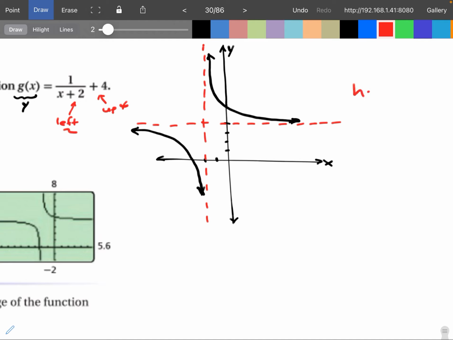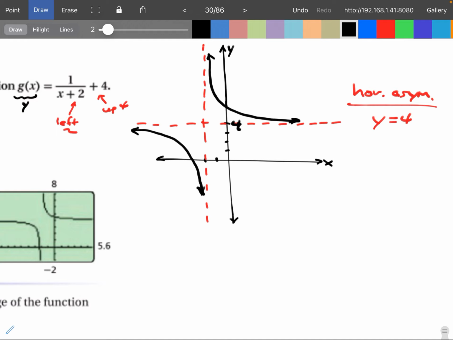So we're going to put a little note here. We're going to write the horizontal asymptote. We're going to abbreviate this now. The horizontal asymptote is y equals 4. Okay? That's a y value of 4 right there.